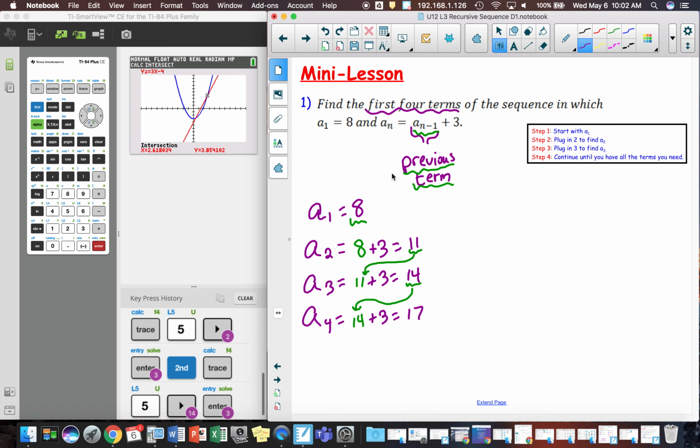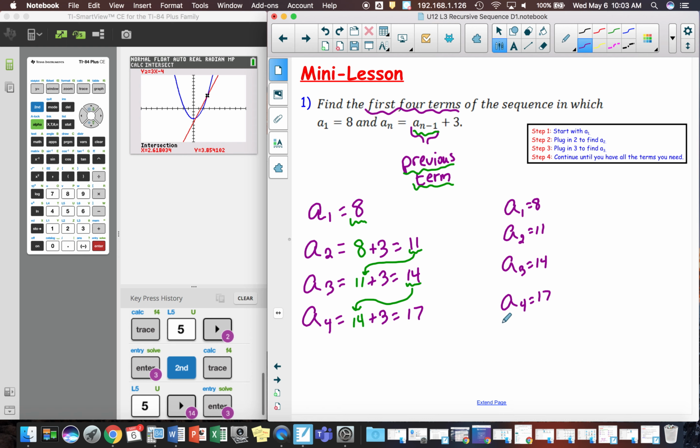Okay? So we found our first 4 terms. I like to write them out a little bit neater so whoever's grading it knows exactly what my answer is. So on the side here, I'm going to write a sub 1 is 8. A sub 2 is 11. A sub 3 is 14. And a sub 4 is 17. And that's it. I found my first 4 terms.